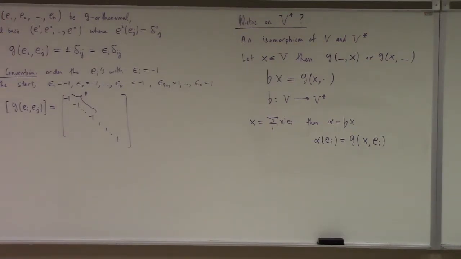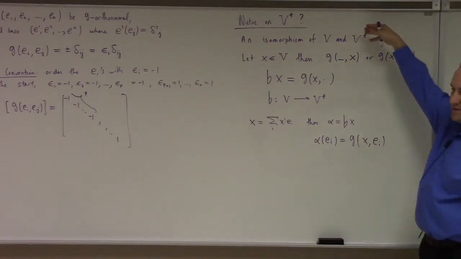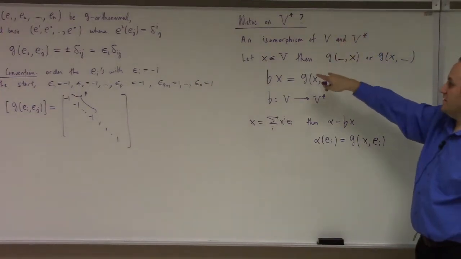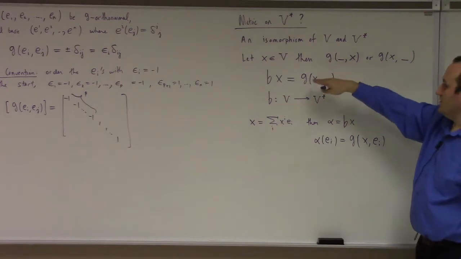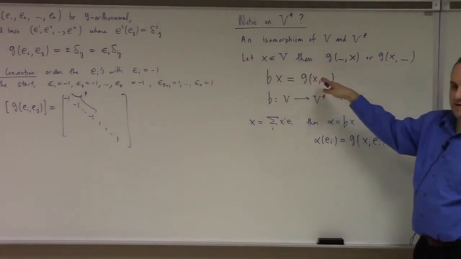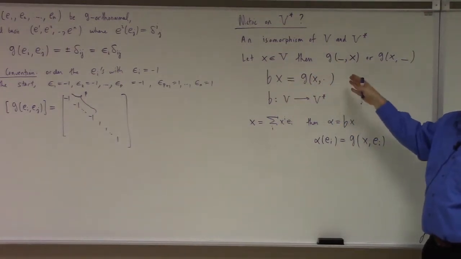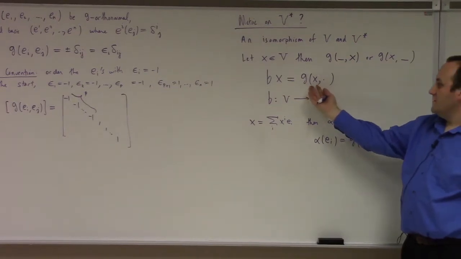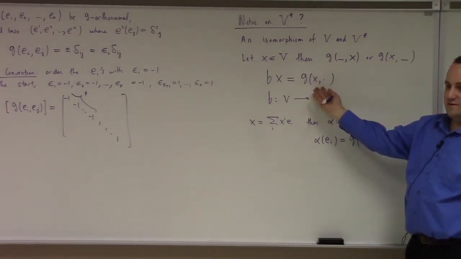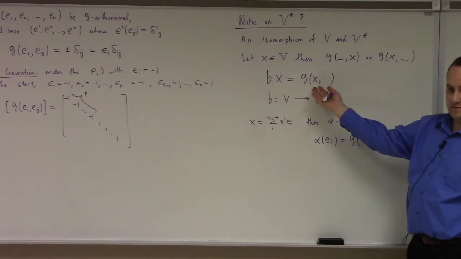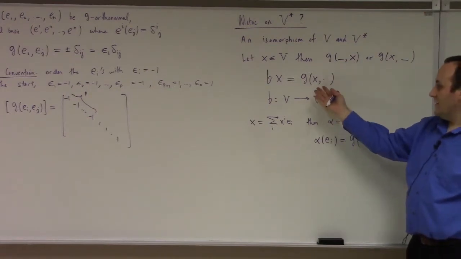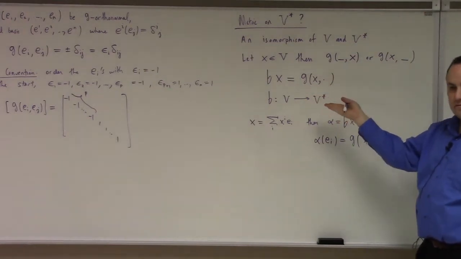So what we're doing is defining an isomorphism between V and V dual using the metric. We take x, put it in one of the spots of the metric, and leave the other one free to vary. That gives us a linear, real-valued function from the vector space to the reals. And so that makes this a dual vector.